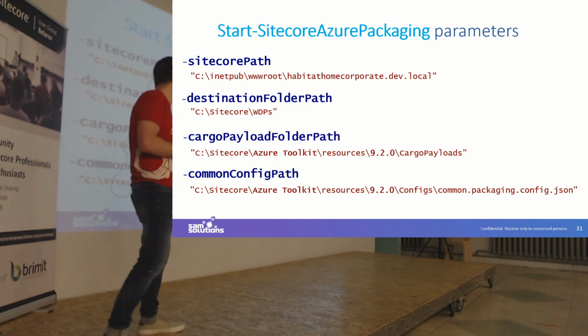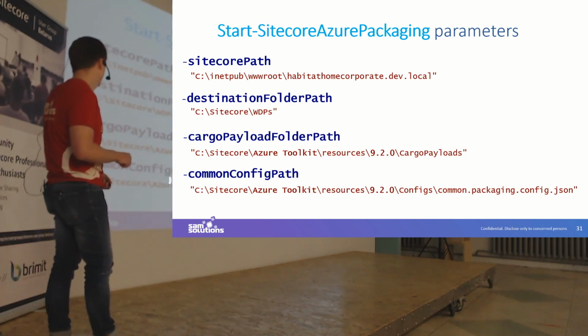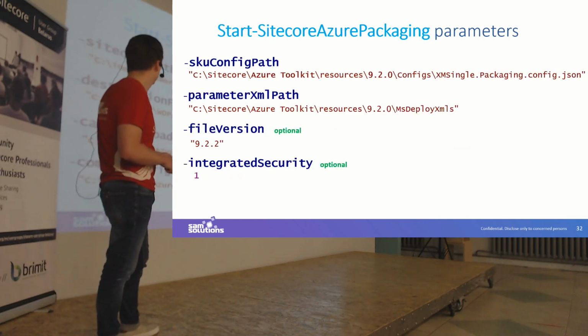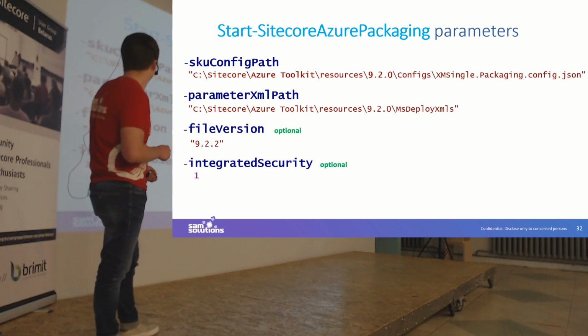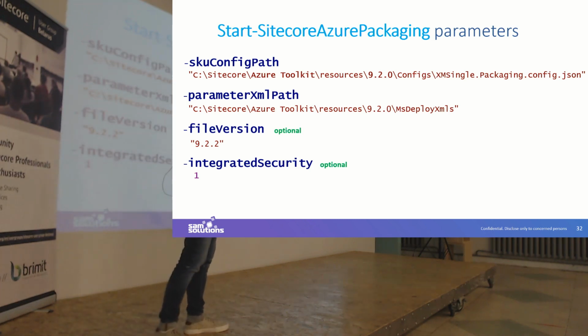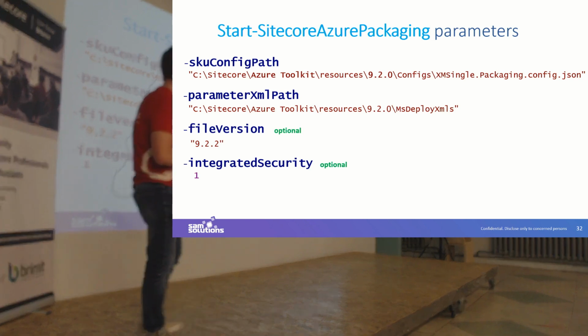Also the common config path we need for that, and a bit more. The SKU configuration path is where we put the configuration JSON file with the mode we need. So we are talking today about XM single mode.